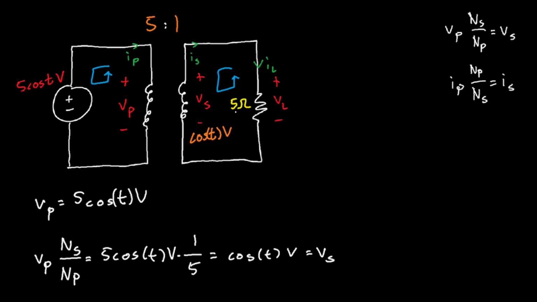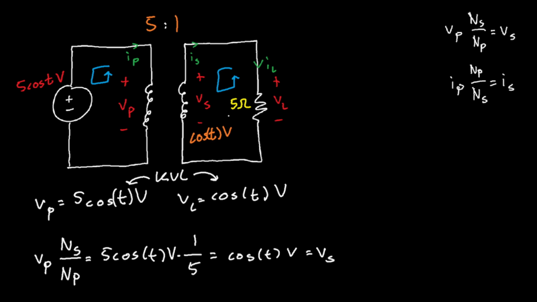So if I use KVL here, we're going to figure out that V of L is actually equal to V of S. And V of S we calculated was cosine of T volts. Therefore, V of L is equal to cosine of T volts.